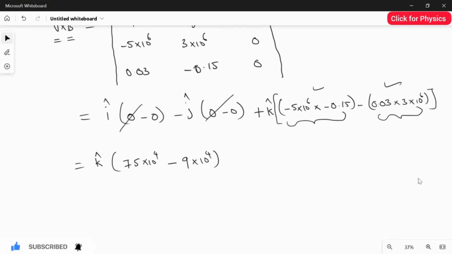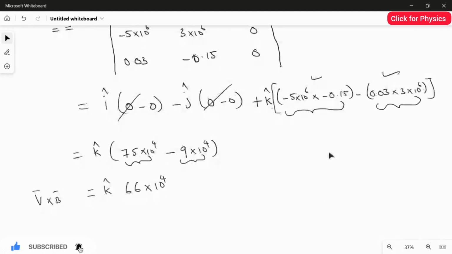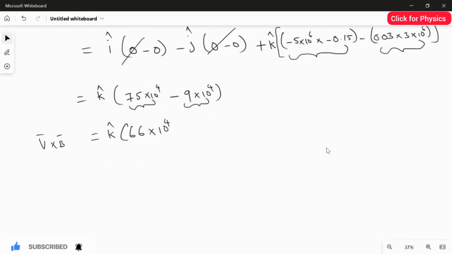So now this value minus this value. So 75 minus 9 is 66. So how I can write? K cap 66 multiply 10 to the power of 4. This is the value for V cross B. Clear? Now what I am going to do? So 66 multiply 10 power 4 K cap we got for V cross B only.